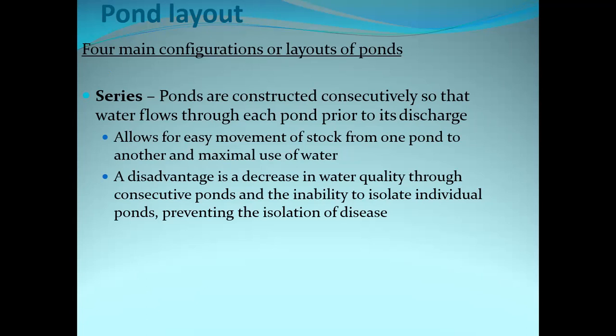So you realize that while you're moving down along the chain of ponds, the water quality in succession becomes deteriorated. So that's one of the major disadvantages of having ponds in series. It's not something that is really promoted or sought after.